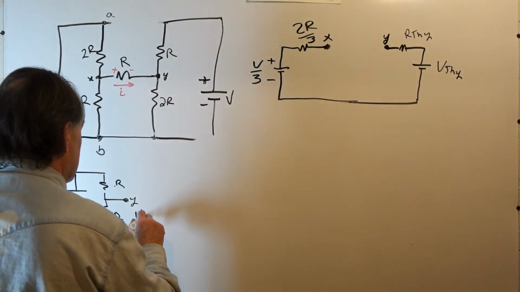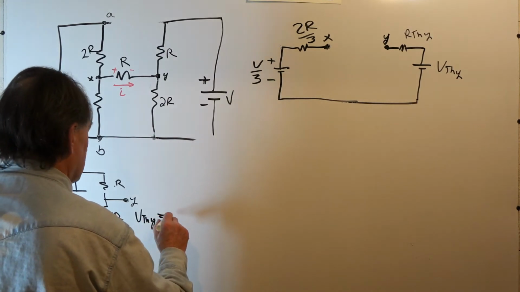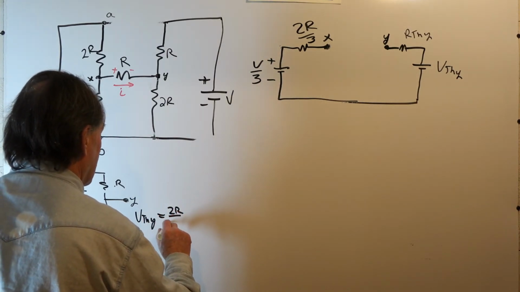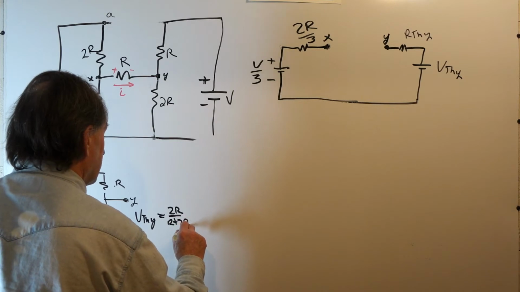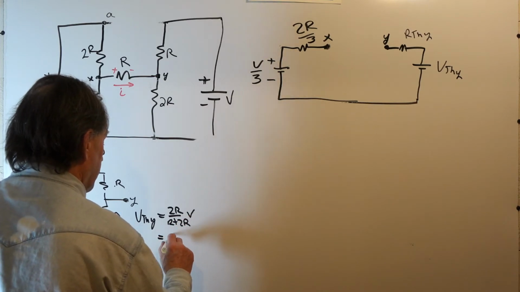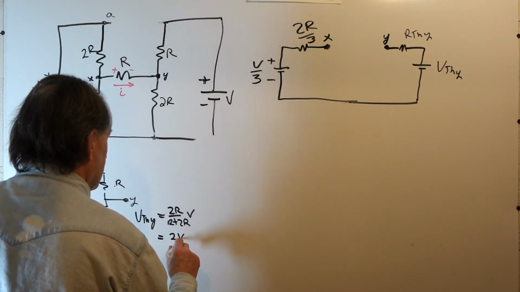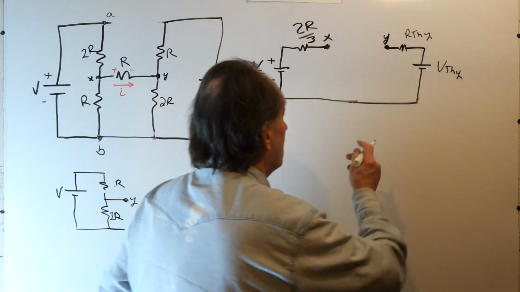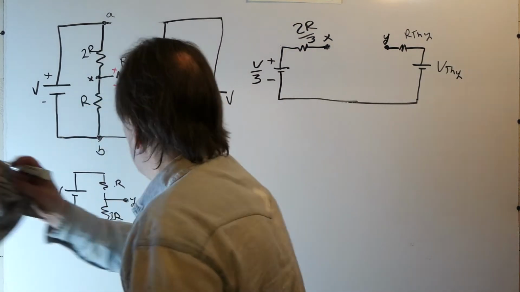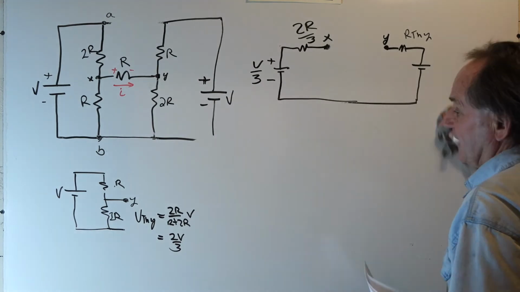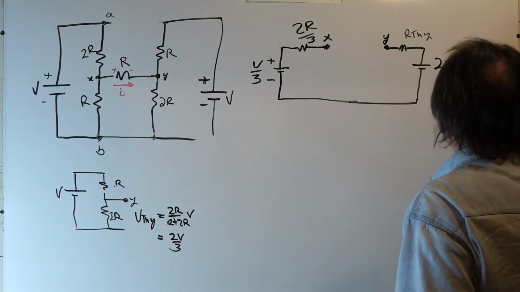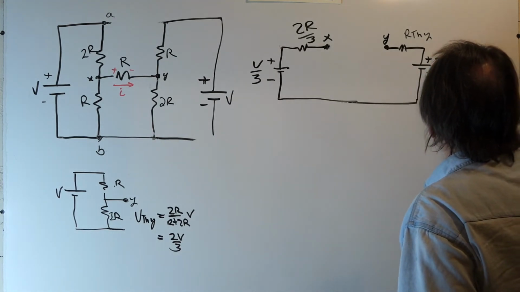So the VTHY will just be 2R over R plus 2R times V, or 2V over 3. So this voltage here, VTHY, is 2V over 3.